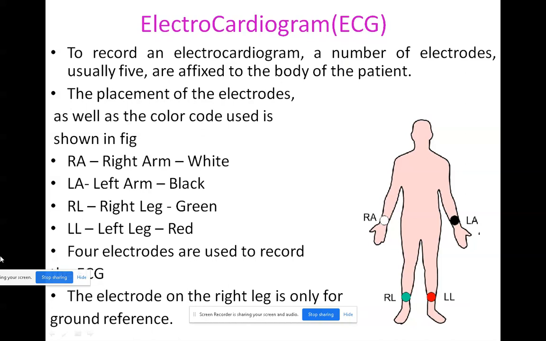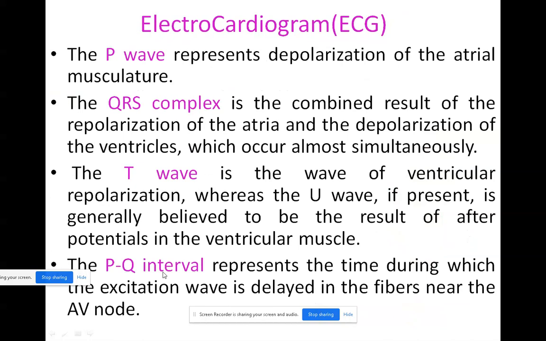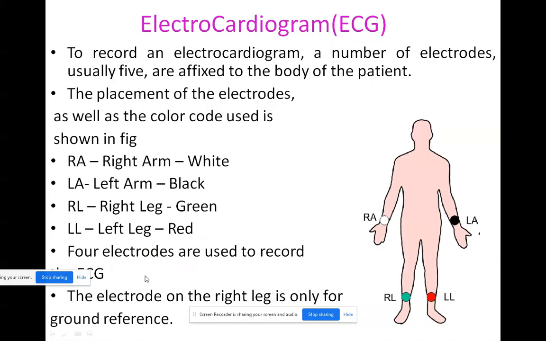On the right arm you will place the white electrode, on the left arm the black electrode, on the right leg the green electrode, and on the left leg the red electrode. Mostly we use 5 electrodes, but here we are going to use only 4 electrodes to record the ECG.